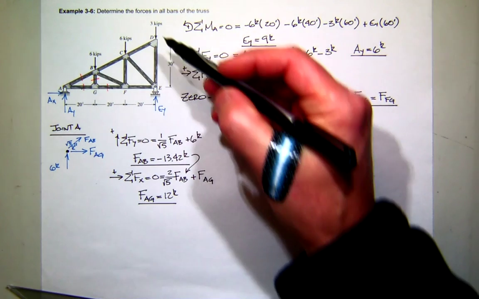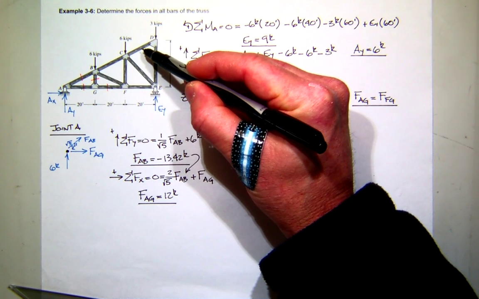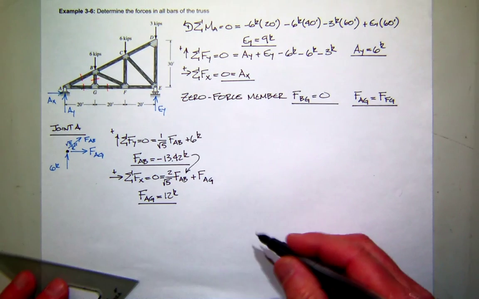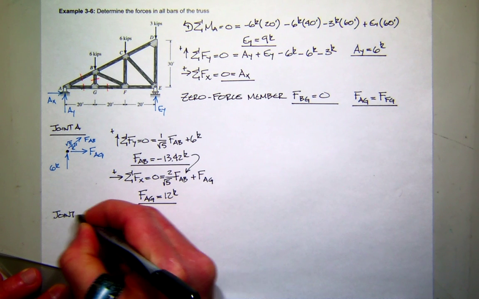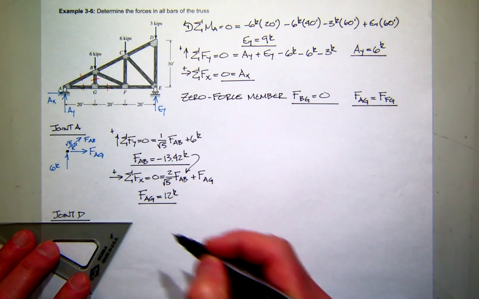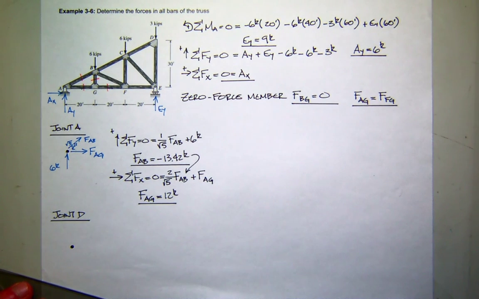I'm going to suggest that we go up here to D and find CD and DE. That looks like an easy place to start. So I'll come down here and look at joint D. I'll draw a free body diagram of that.